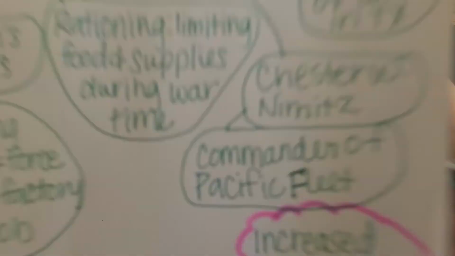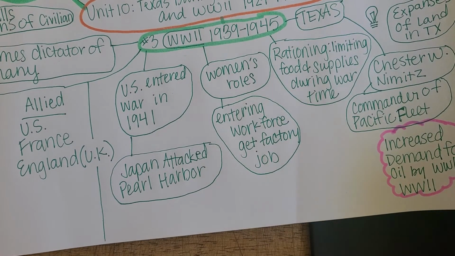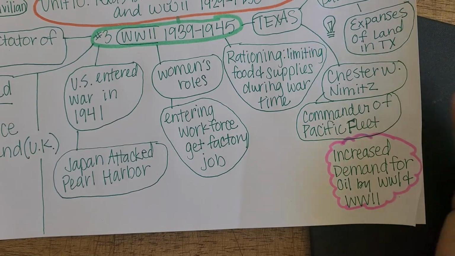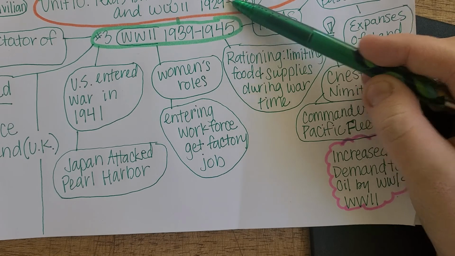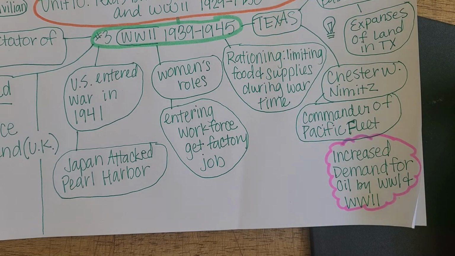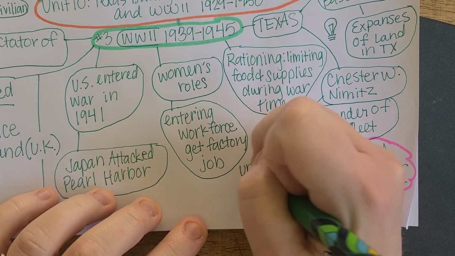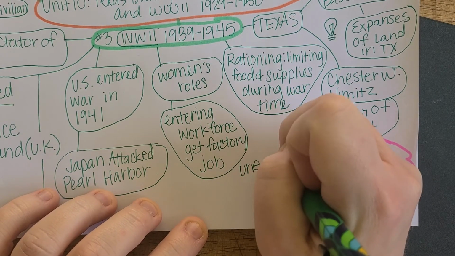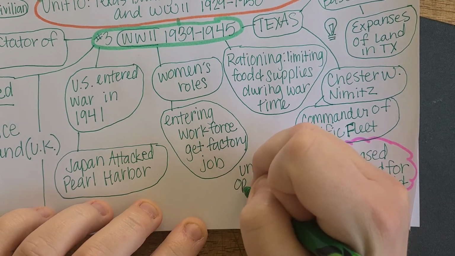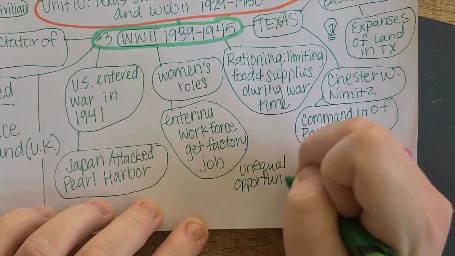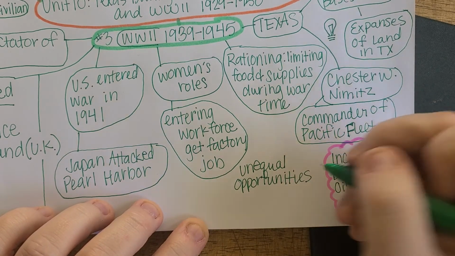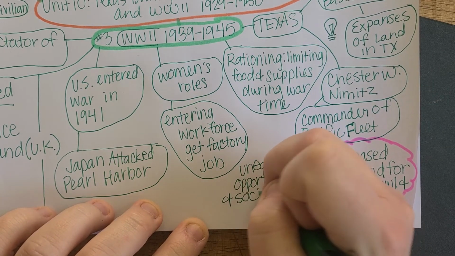Another one is that we see a theme of unequal opportunities and social inequalities during this time period, 1929 to 1950, and it leads to a major civil rights decade where people are pushing for rights for minorities. They're just pushing for greater equality in society. So I'm going to write this right here: unequal opportunities and social inequalities.